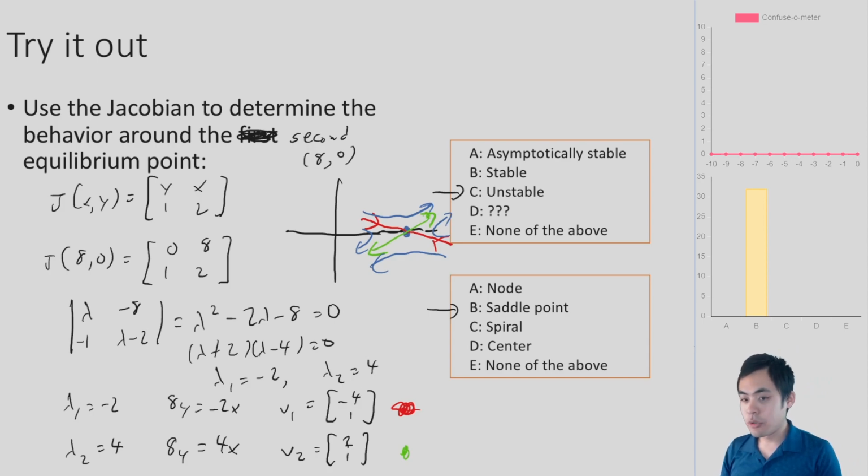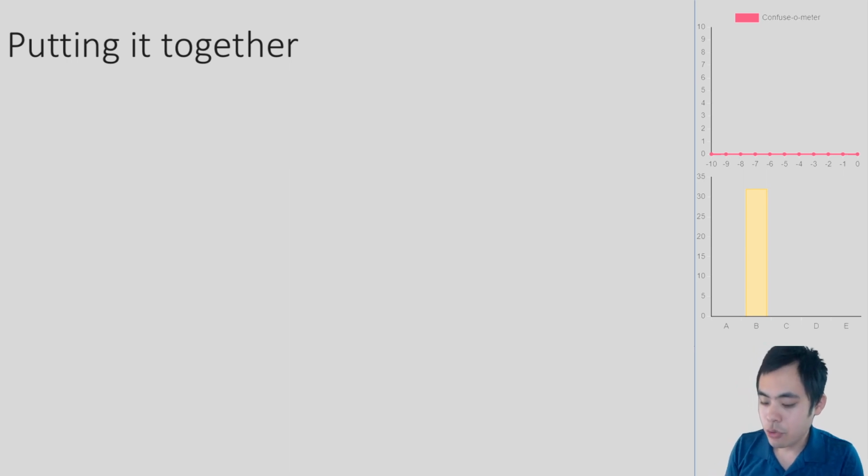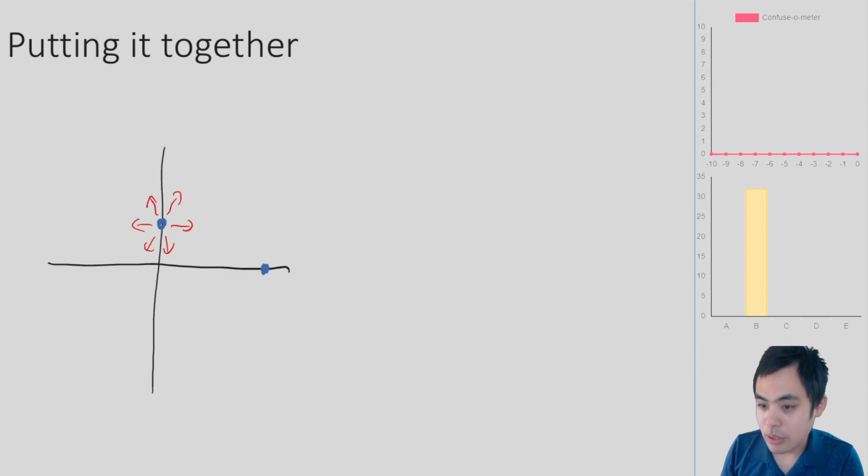The next thing we want to do, of course, is put it all together and draw a full phase portrait. So we have the two different equilibrium points. We have (8, 0) and (0, 4). We know that around this equilibrium point, everything goes outward. On this equilibrium point, we have these two directions.